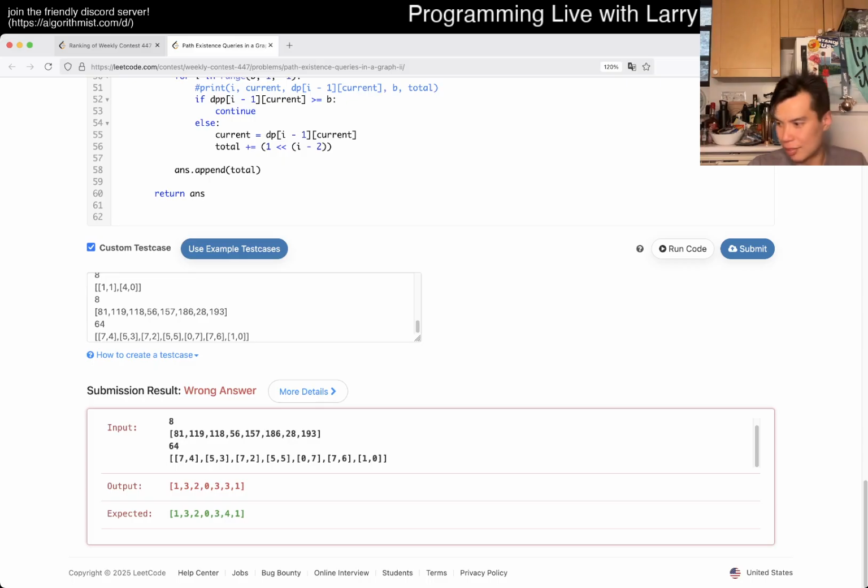What is the answer? Wait, let's see. So it is 28 to 81 to 157, maybe? Is that it? No. It has to be 119. And then 193, maybe? 64?